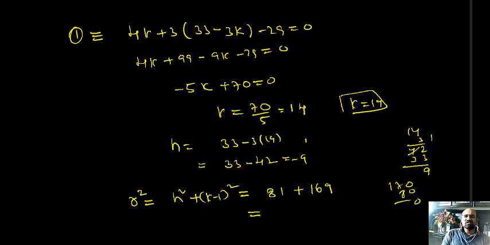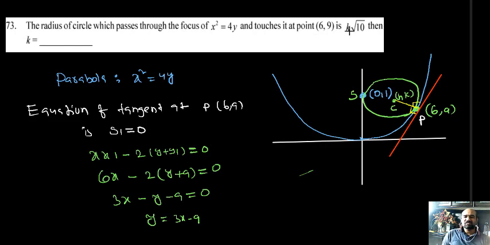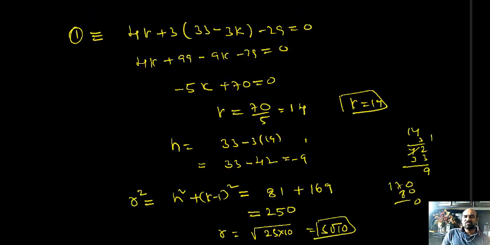So r square is 250. R is equal to root of 25 into 10, so I can say 5 root 10. This is the radius of the circle. So I will read the question now. The radius is k root 10. What is the k value? According to the problem, I can say k equal to 5.